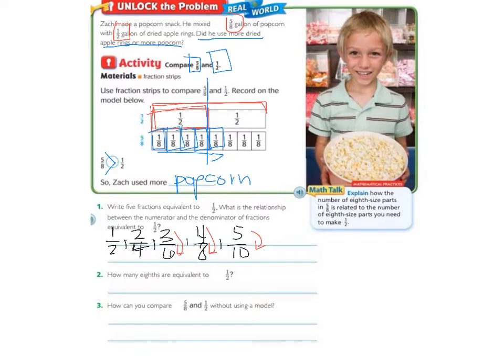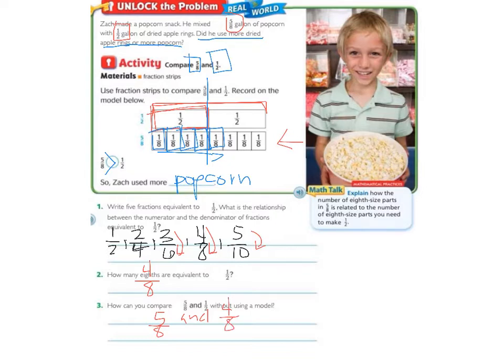Okay, so we want to know how many eighths would be equivalent to 1/2, since we're looking at eighths up above. If I'm looking at eighths on the bottom, I want to know what half of 8 is. Well, half of 8 is 4. So if we made them a common denominator, I would have 5/8 and 4/8.